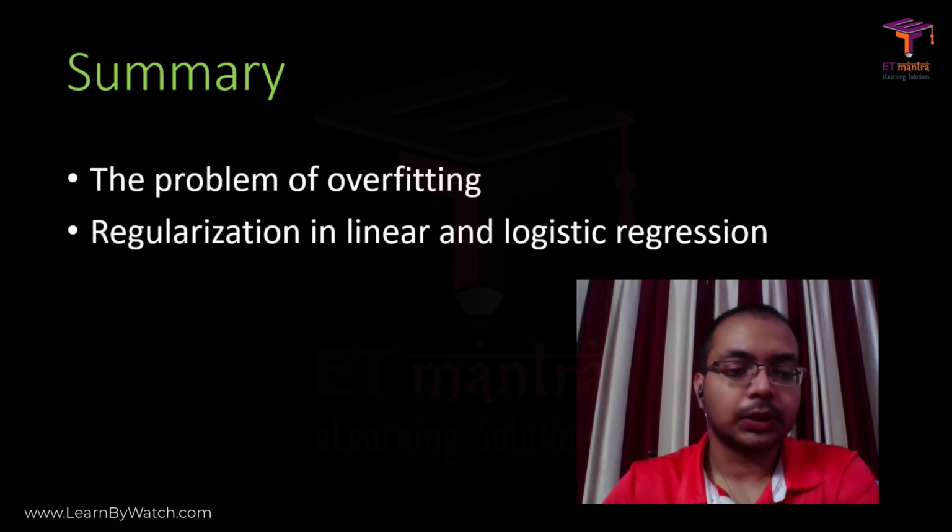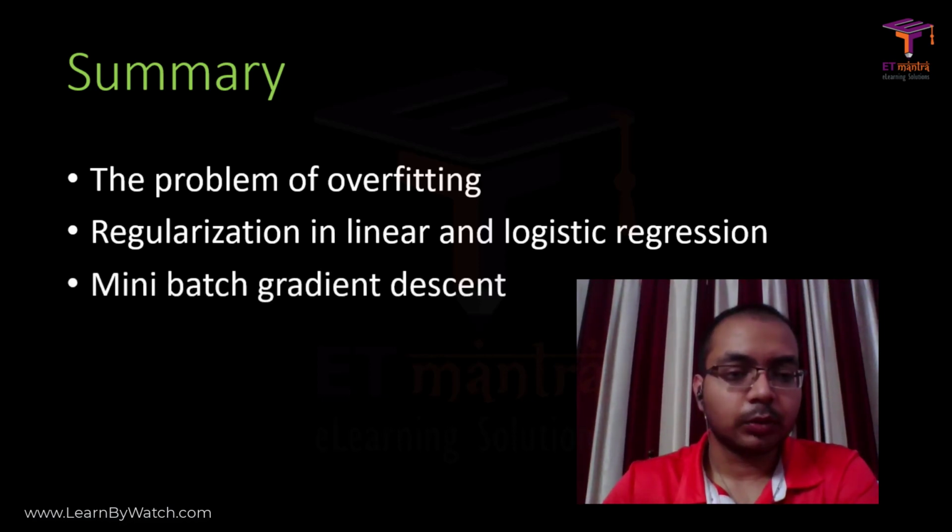We have seen the updated cost function and the gradient descent function to perform the regularization. And the second problem was when we are dealing with large data sets and how we can overcome that using mini batch gradient descent and stochastic gradient descent. I hope these two methods will help you in training your algorithm in a better way.